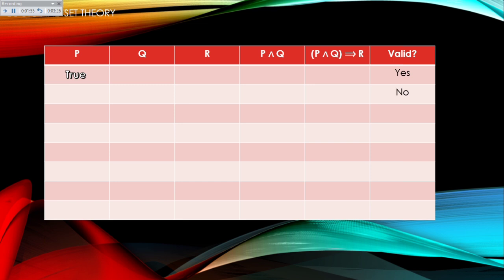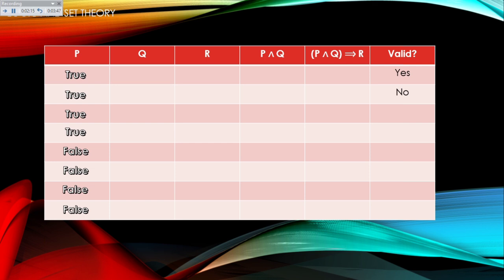It shows the result of the conjunction of premises P and Q. The first row is true, the second is true, the third is true, the fourth is true, the fifth false, and so on.